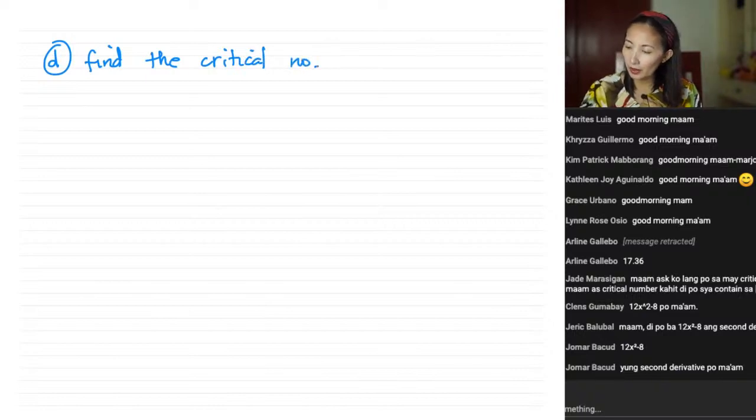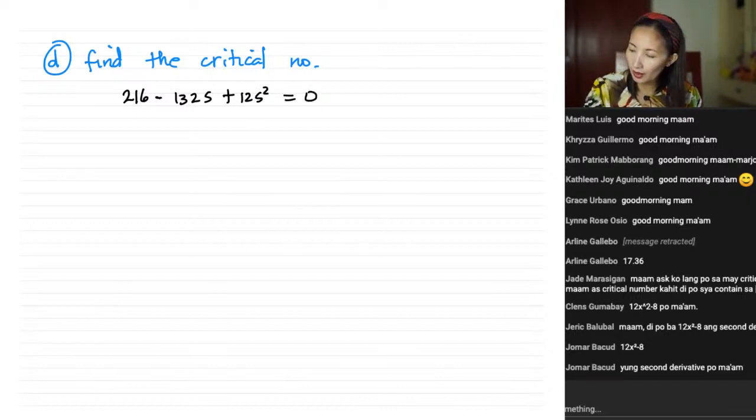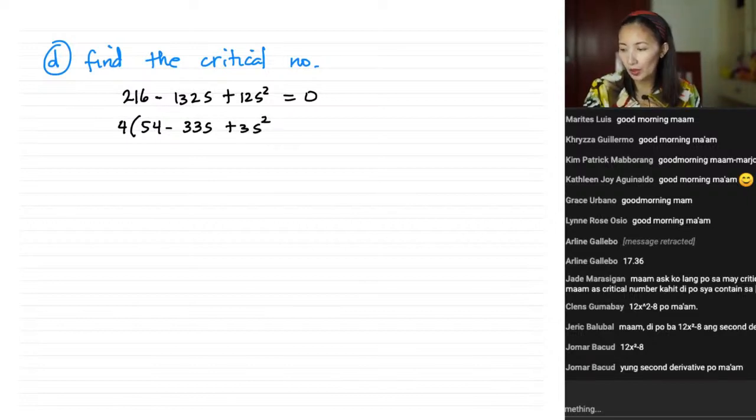Okay, so from here, 216 minus 132s plus 12s squared equals 0. Take note that this can be reduced to 4 times 54 minus 33s plus 3s squared equal to 0.